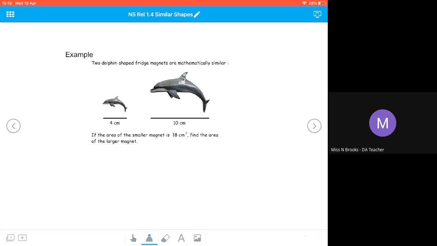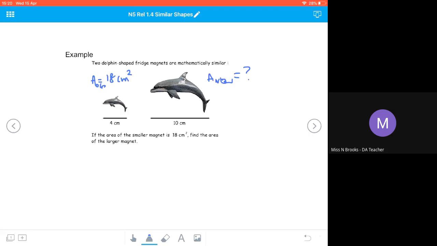So, our example. We've got 2 dolphin-shaped fridge magnets that are mathematically similar. If the area of the smaller magnet is 18 centimeters squared, find the area of the larger magnet. So if we annotate our picture here, we know that the area of the smaller magnet is 18, and that's A old, because we want to work out A new, and that's our unknown.